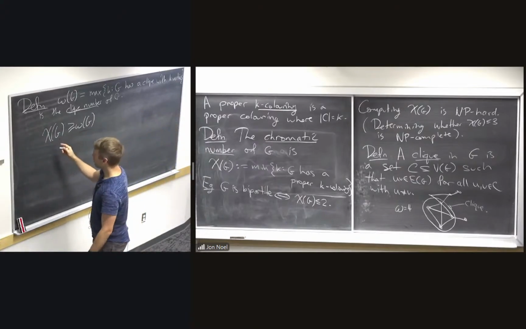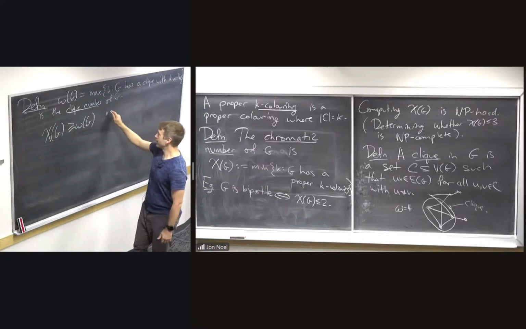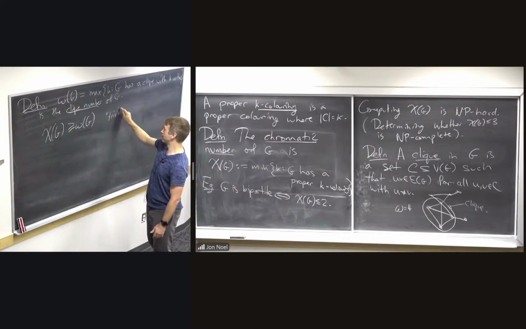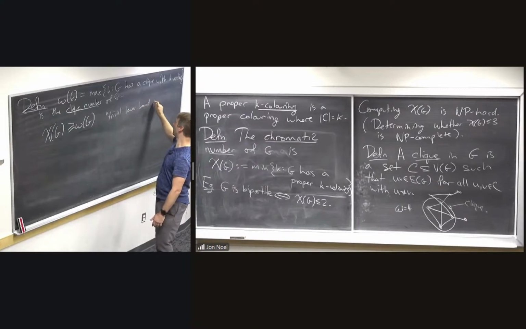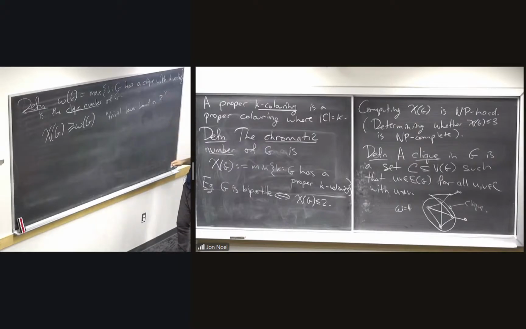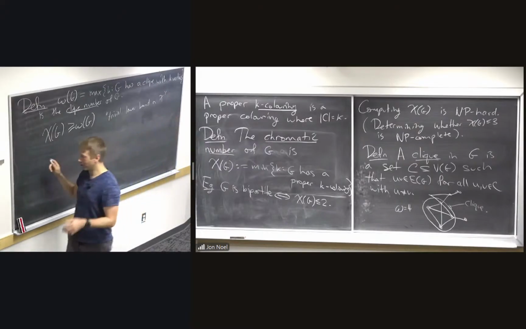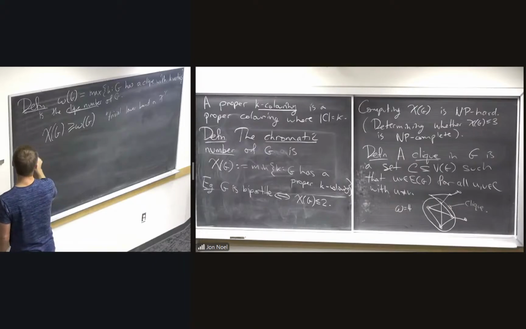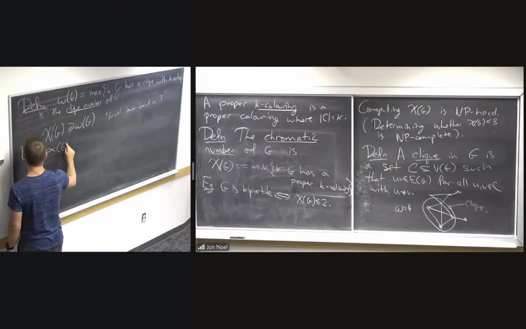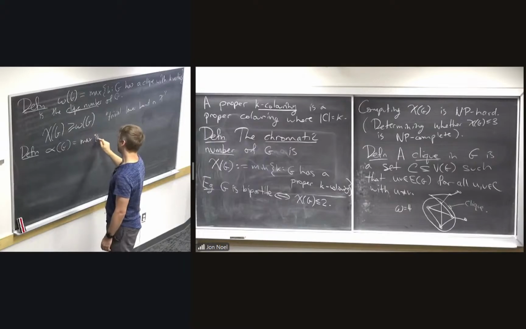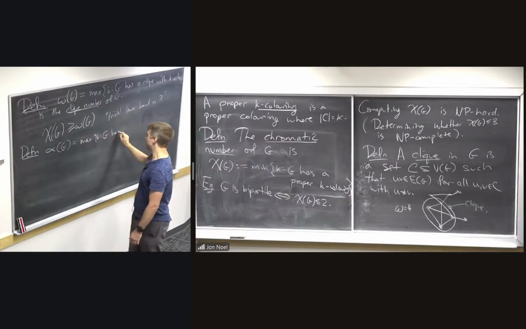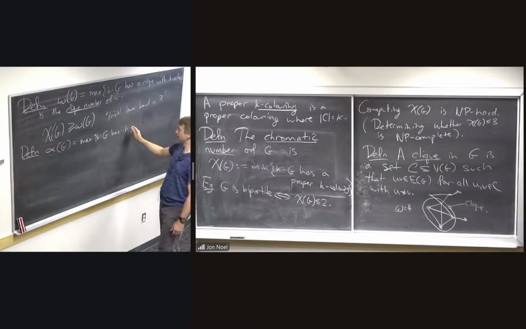So this is a trivial lower bound on the chromatic number. There's another kind of trivial lower bound which is worth knowing. We defined this before: alpha of G is the max k such that G has a stable set with k vertices.